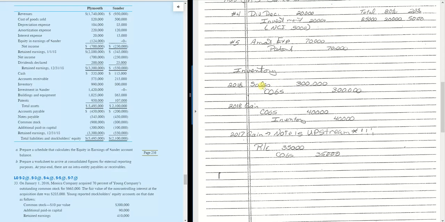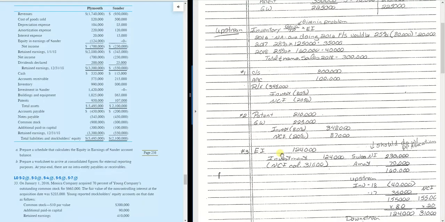So get rid of the sales against cost of goods sold at $300,000. Get the inventory down by $40,000, and then it's upstream, so I debit retained earnings and credit cost of goods sold. So now that I've debited retained earnings, since I didn't do this here, I'm going to try to draw it in. So I already have $35,000, so $35,000 there.